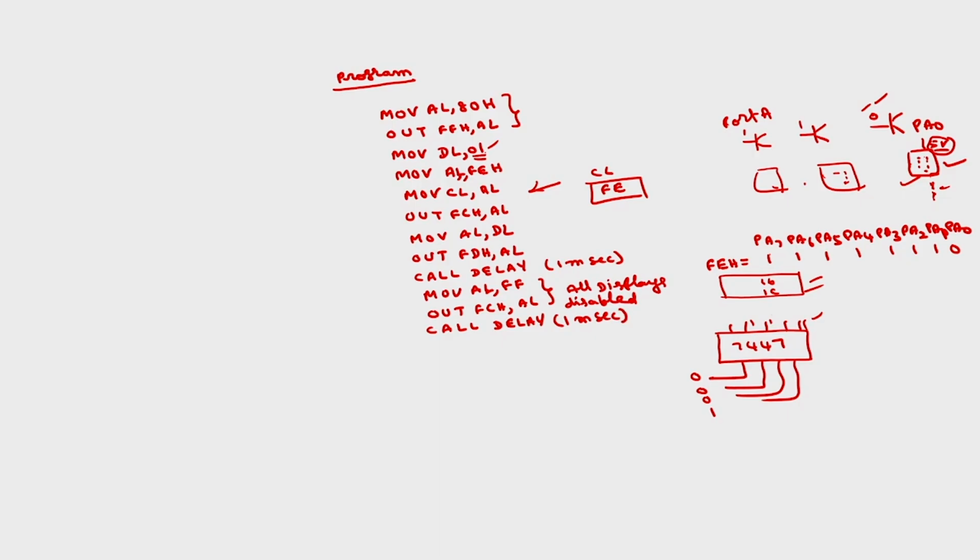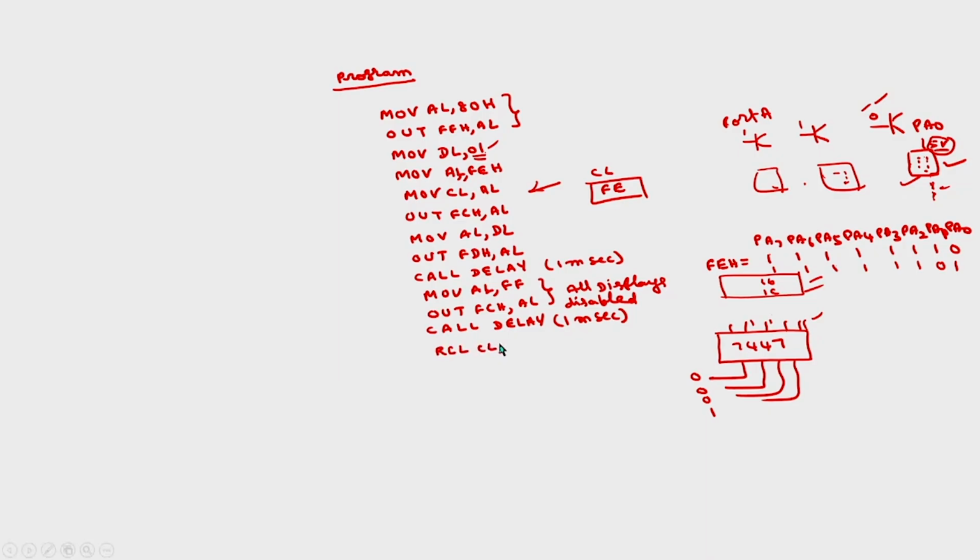Then you have to display 2 on display 2. For that I am incrementing DL by 1, and before that, because I have to select the second display, the code corresponding to the second display should be 1 1 1 1 1 1 0 1. So for that I am rotating the contents of CL left.